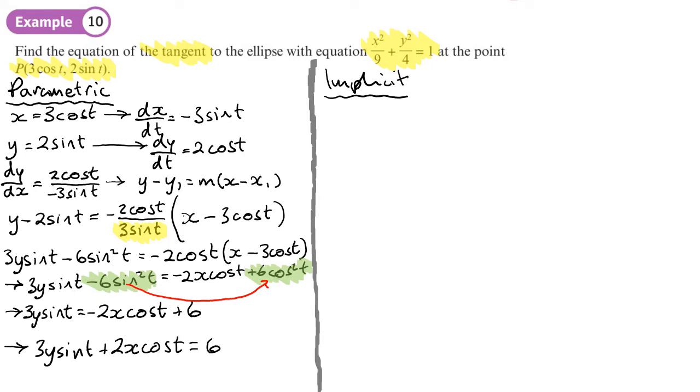Now, you don't have to go through all of that. You've basically got your answer for the equation of the tangent here. The question doesn't say leave it in a particular form. If it did, then you might do something like this. If it said leave it in the form, I don't know, a sine b plus bx sine t equals c, then you'd go to this to find a, b and c.